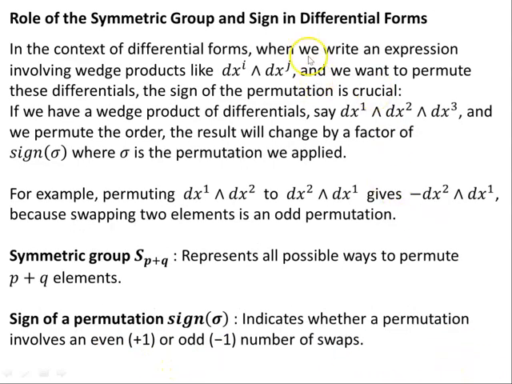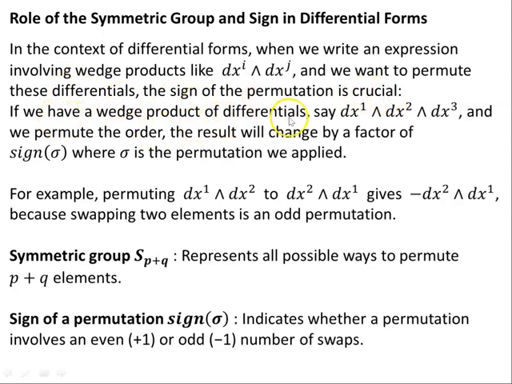Now the role of the symmetric group and sign in differential forms, as you picked up in the previous videos, does matter. Swapping terms does result in a different orientation. So in the context of differential forms, when we write an expression involving wedge products like dxi wedge dxj, and we want to permute these differentials, the sign of the permutation is crucial.